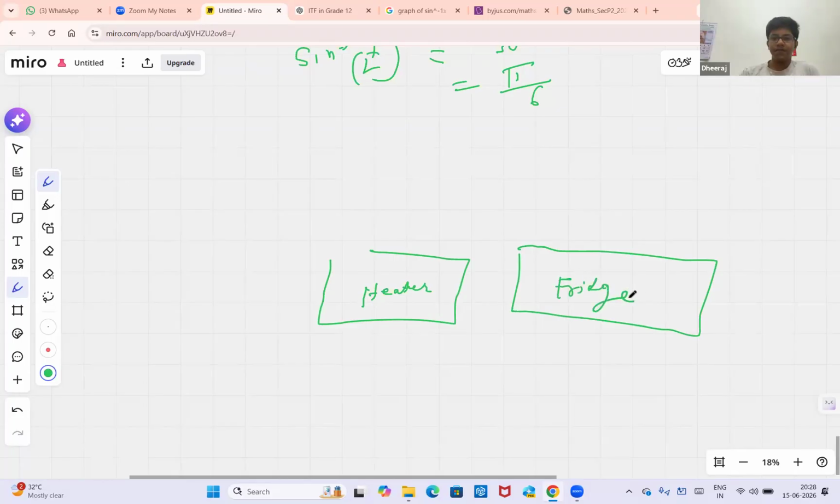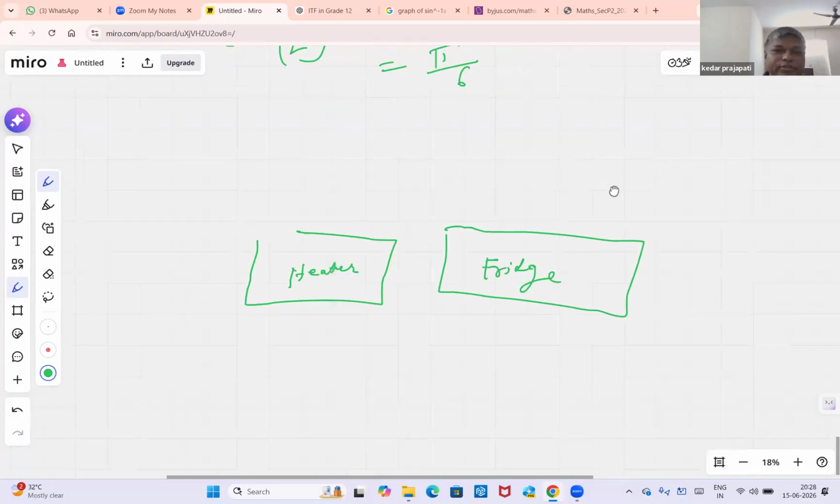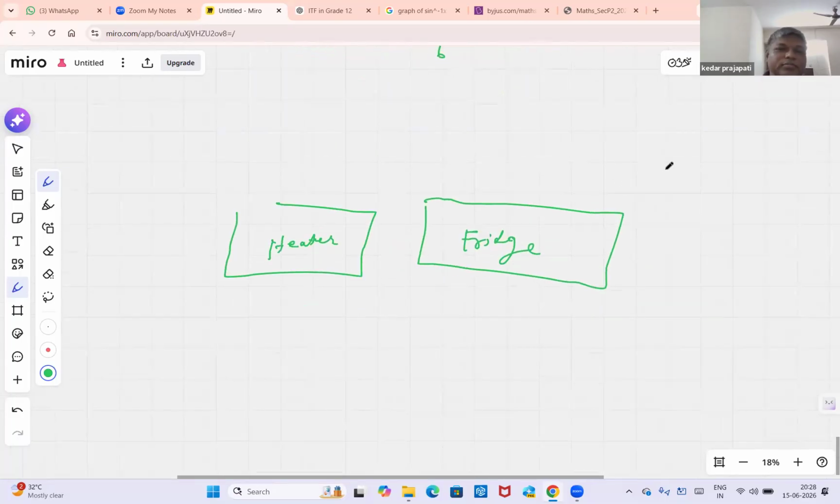In the heater, suppose you're giving ice as input, and after heating, what will you get?